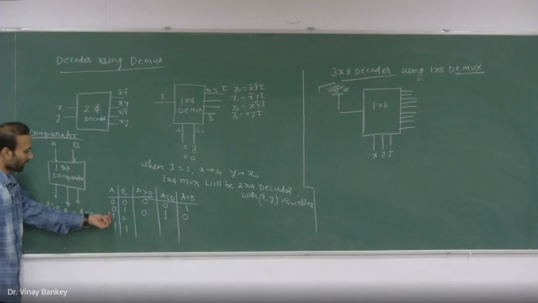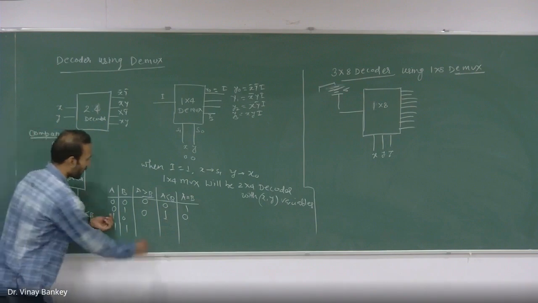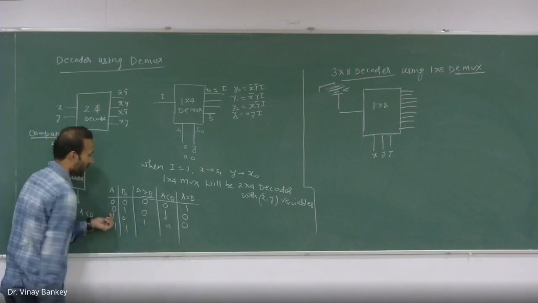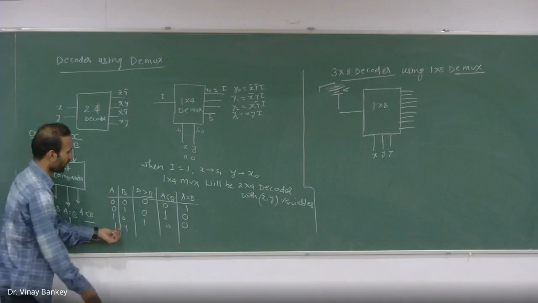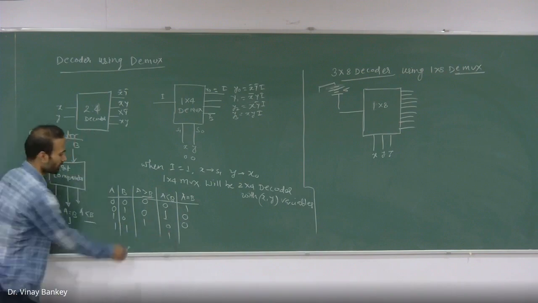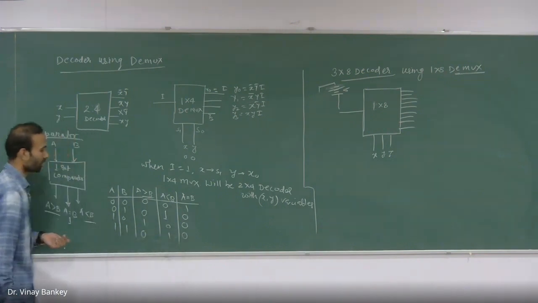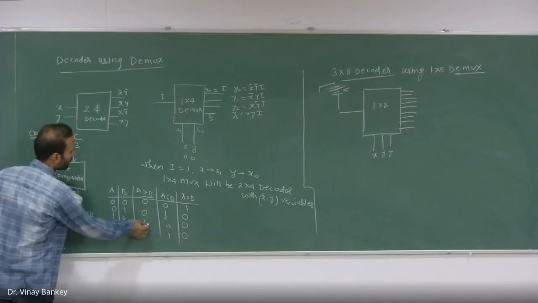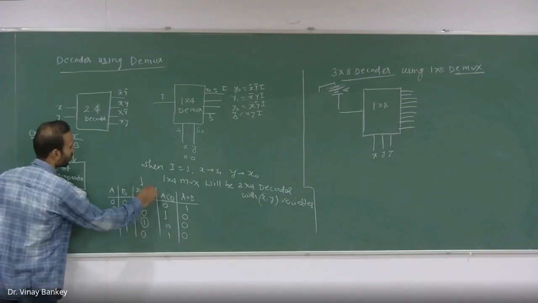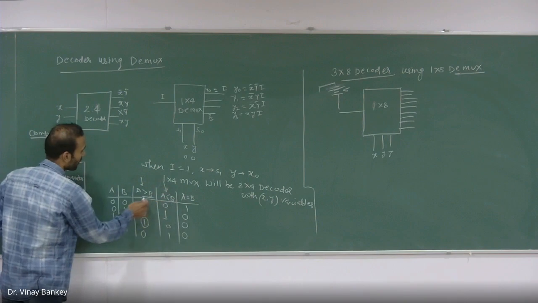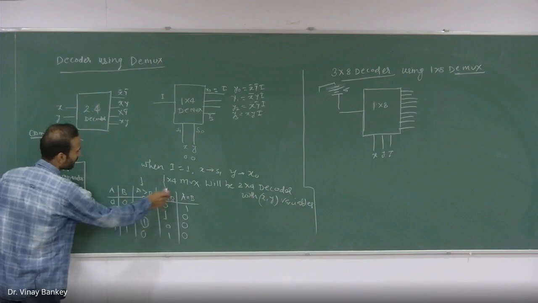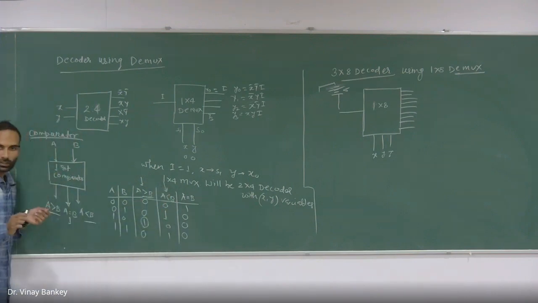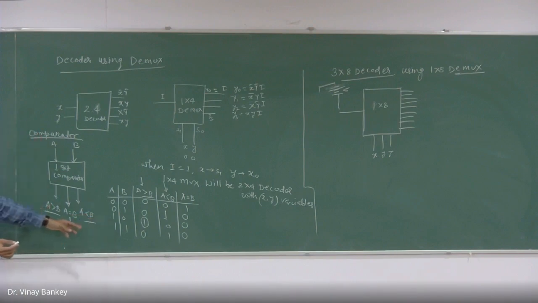For the third case, A is greater, the remaining will be 0, 0. For this case, again, you will have 1 here and this will be 0 and 0. So now you need to write one truth table for each of these outputs, and according to this truth table, you will design the circuitry inside this comparator.